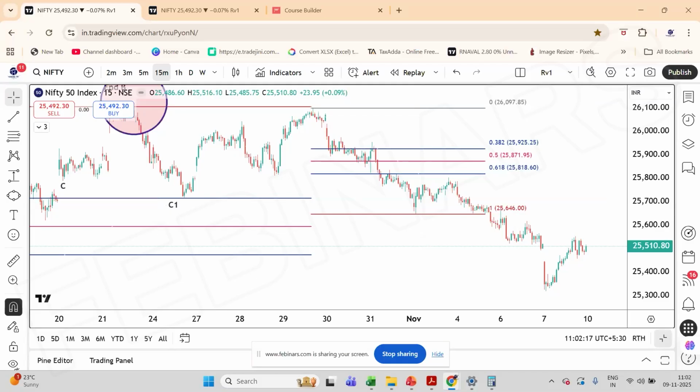So here the strength of the trend is imminent. Like reversal, even the retracement is not more than 38.2.